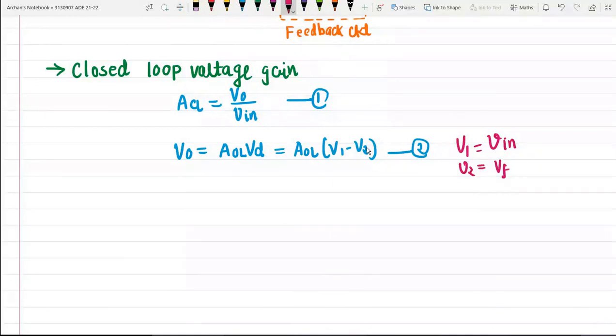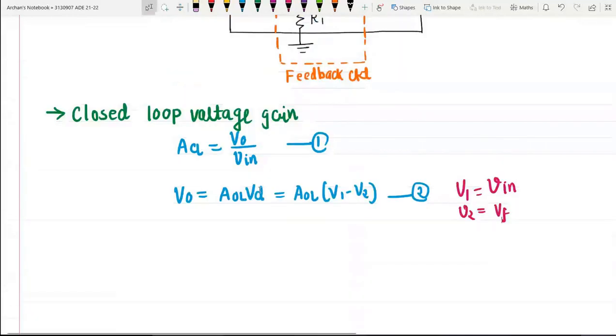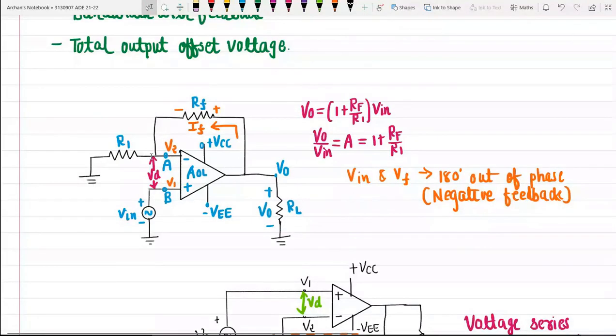If you wish to find out the magnitude of Vf, then let us go back to this circuit diagram. There are two resistances, R1 and Rf, and we are measuring the voltage over here. So Vf will be the voltage across the resistance R1.